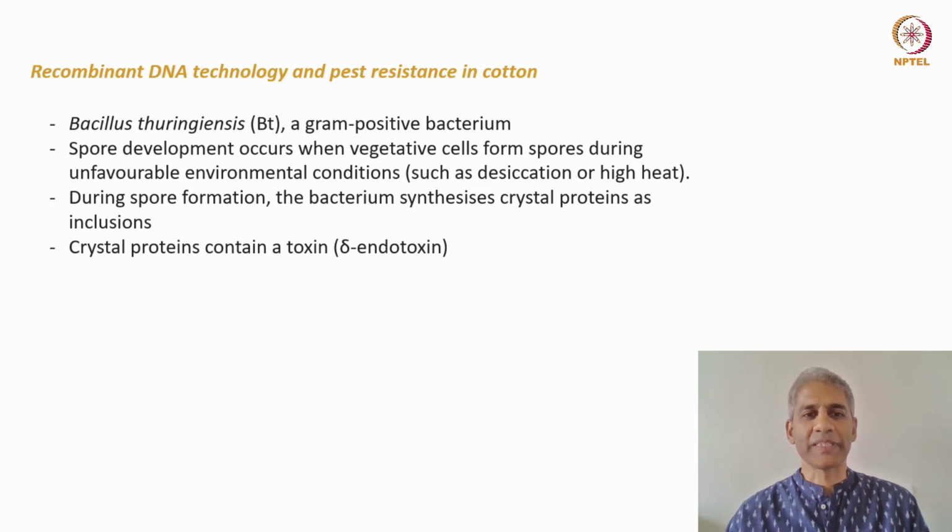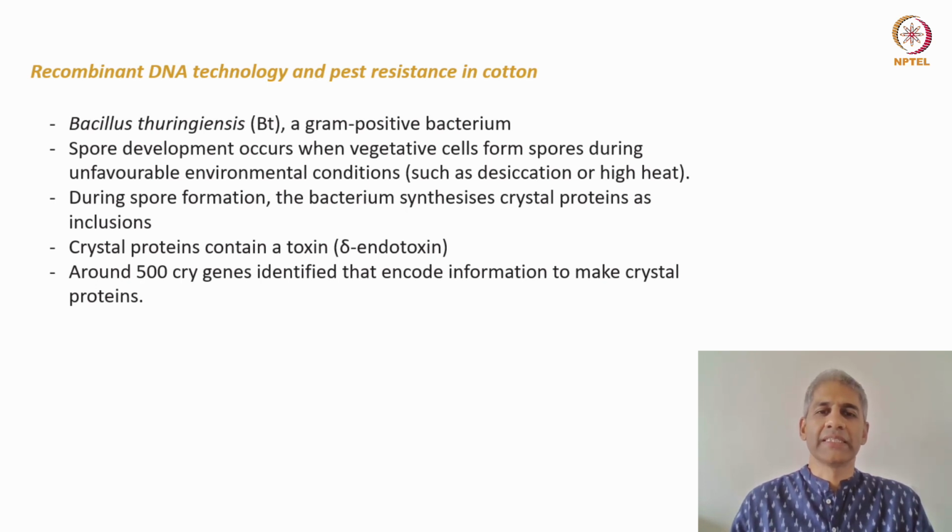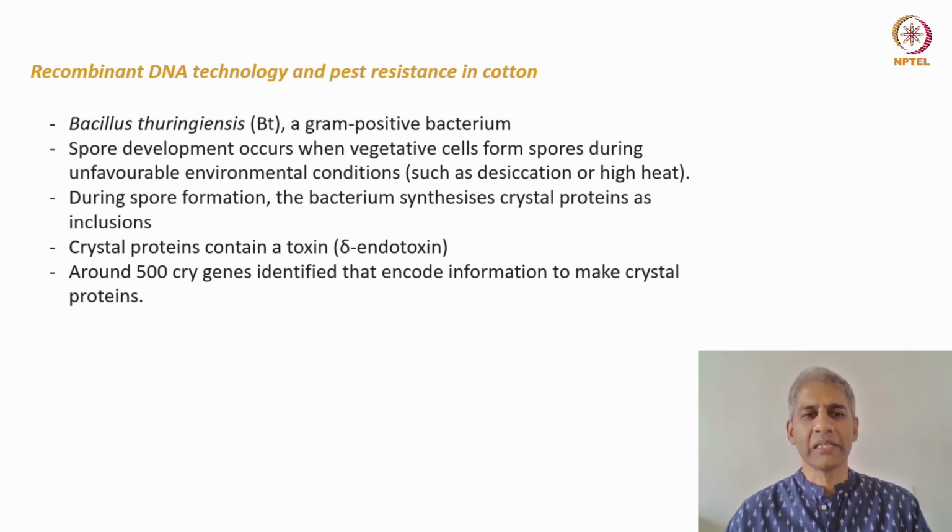And these crystal proteins contain a toxin which is called a delta endotoxin. And scientists have identified more than 500 different CRY, which stands for crystal genes, that can make proteins. So it is not clearly known why so many genes are used to produce such a variety of crystal proteins.